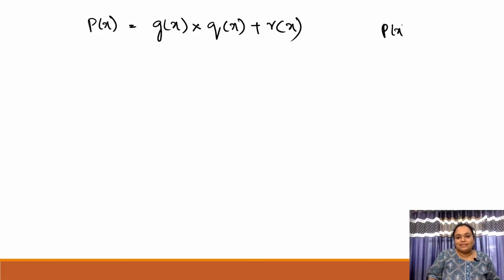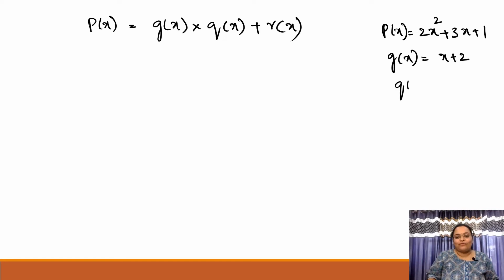P of x is equal to 2x square plus 3x plus 1, and g of x is x plus 2. And q of x, which we have got, is 2x minus 1 and r of x is 3. Now substitute all these values in this division algorithm.